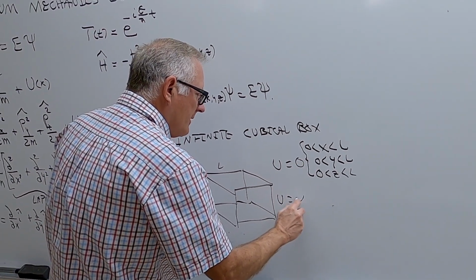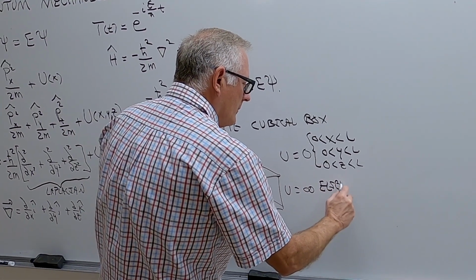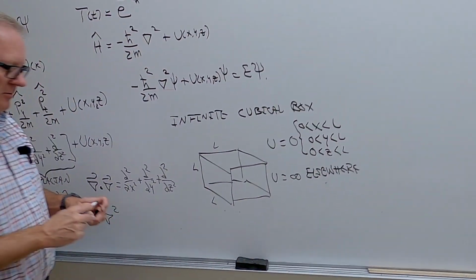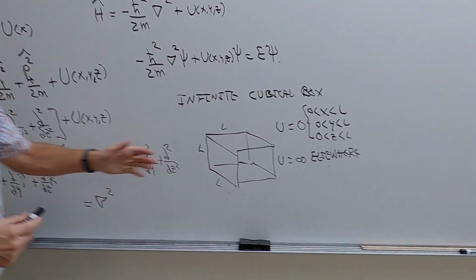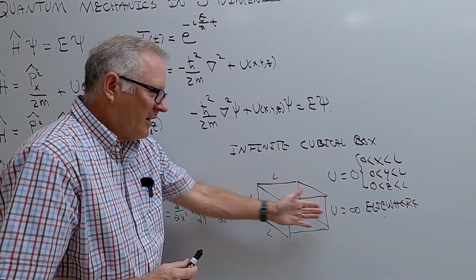U equals infinity elsewhere. Okay, so now the particle is free inside the box, but it has an infinite force on the walls.